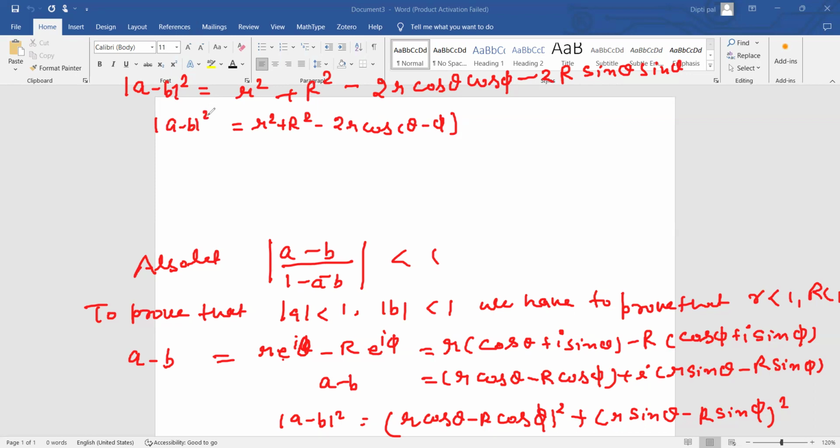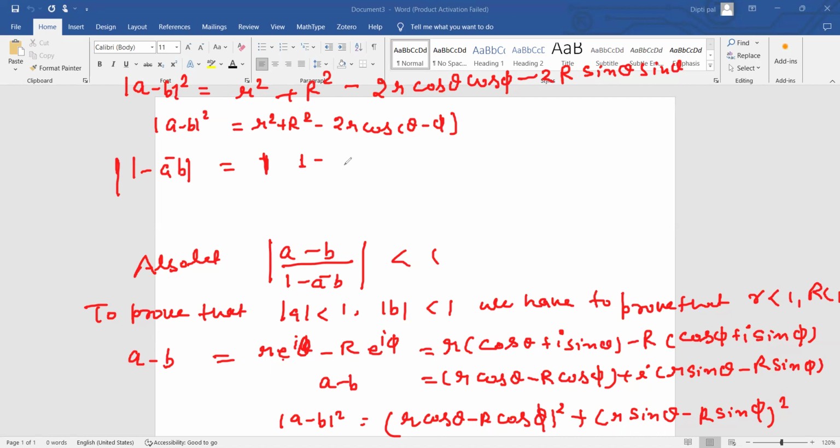Now we find the value of 1 minus a bar b. a bar means conjugate of a. So just put the value of a bar and b here. So what we get: 1 minus a bar, where a is r e to the power i theta, so we just replace i with minus i.